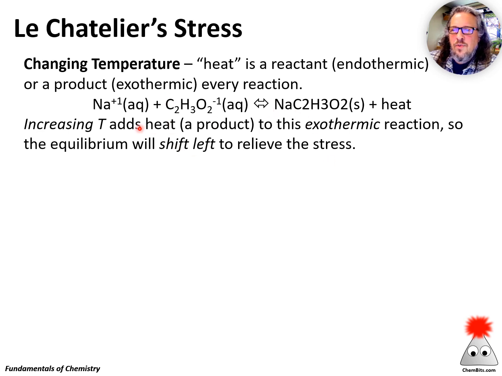So if I've got sodium +1 ions and acetate ions in solution, they can combine to form sodium acetate, solid. It looks like I forgot to do subscripts. So they can precipitate to form a solid, and that liberates heat. Well, in this case, heat is a product of this reaction.